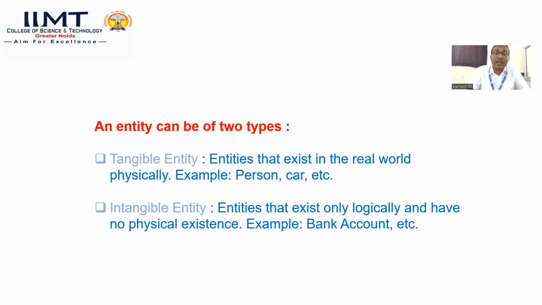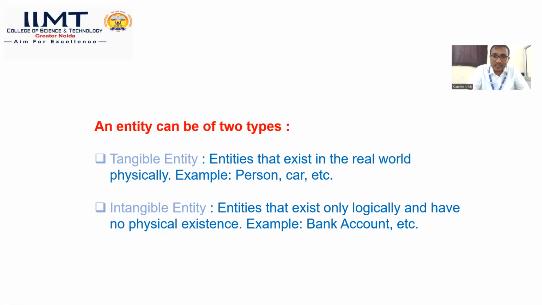For example, bank account number, bank ID, bank IFSC code, bank MICR number, bank phone number, and bank code. All are details of a bank account, but they do not exist in the real world physically. Which one is physically present? A person. I am a person. I am a teacher.